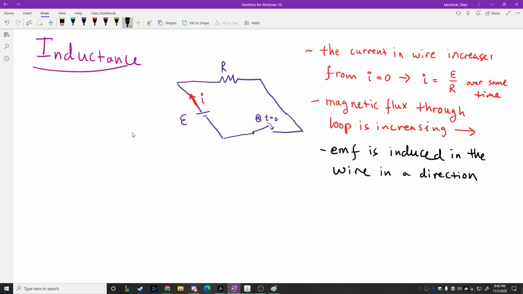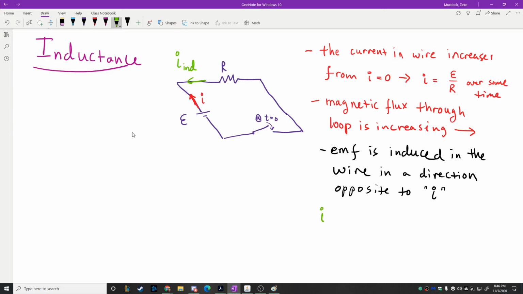Opposite, yeah. So we'll draw that on our picture in green here and say that there's going to be an induced EMF, or put more simply, an induced current that is opposite to this. So we'll call this I induced.